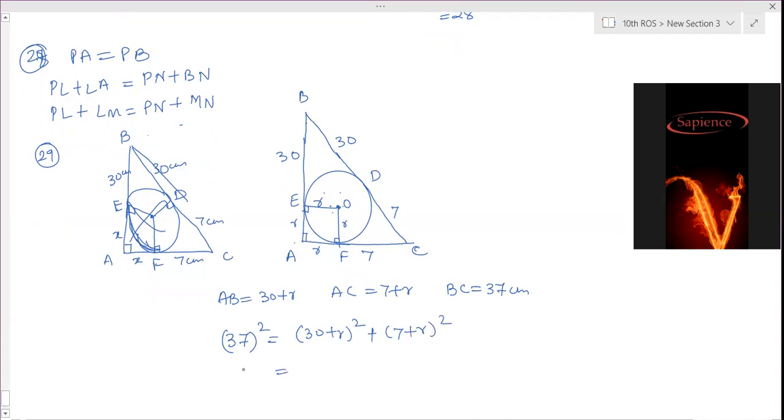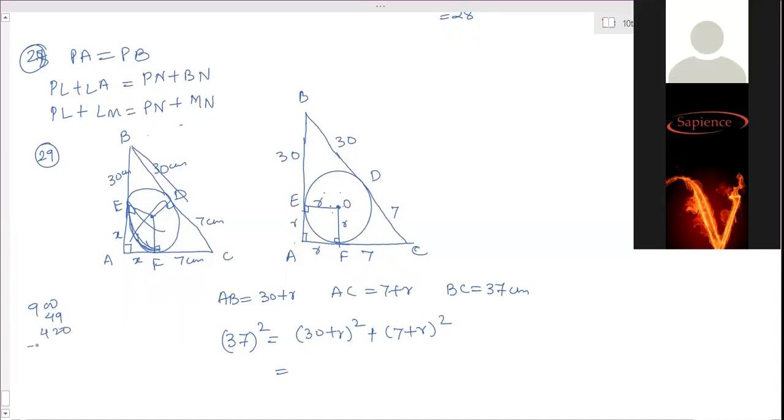37 squared is 1369. 1369 is equal to 900 plus R squared plus 60R plus 49 plus 14R plus R squared.